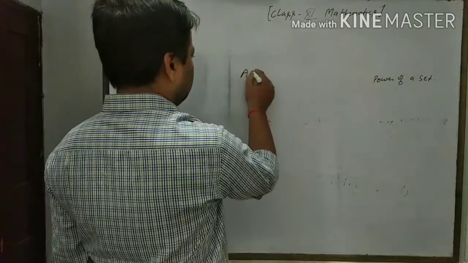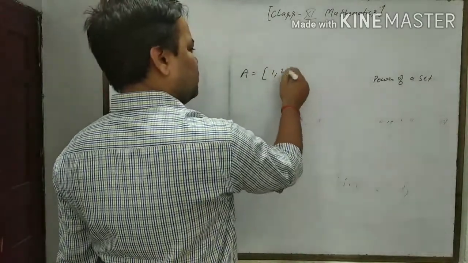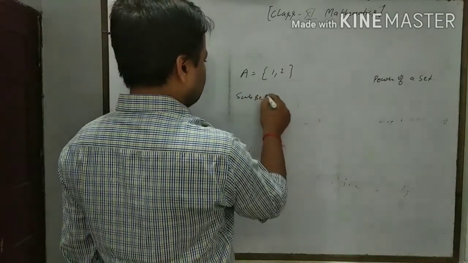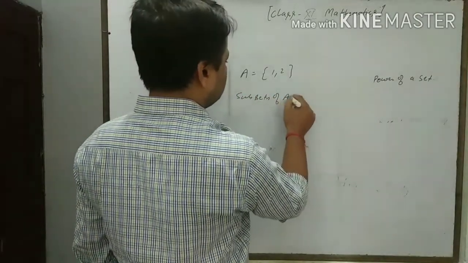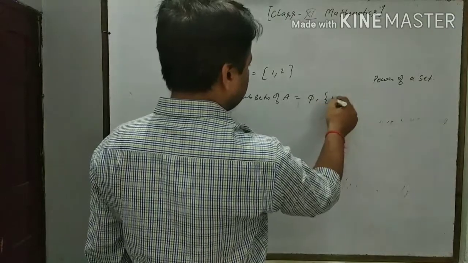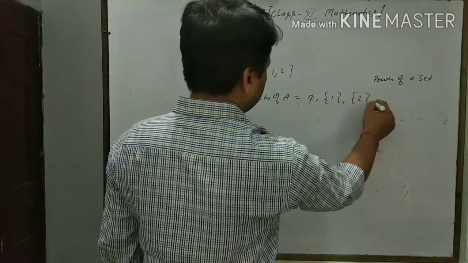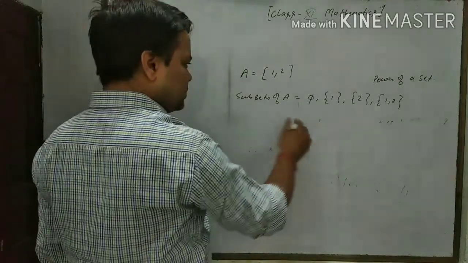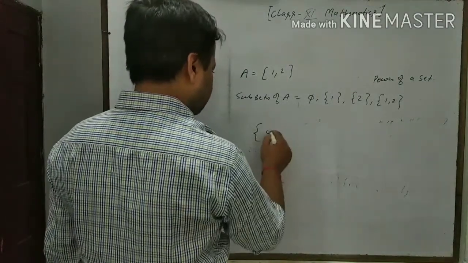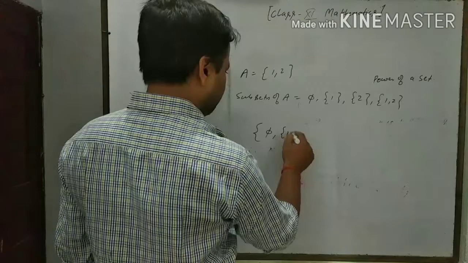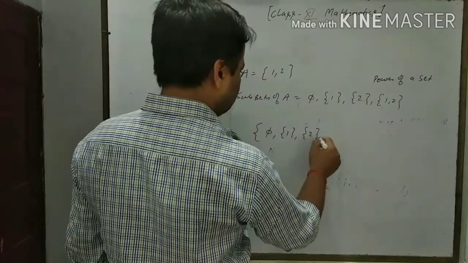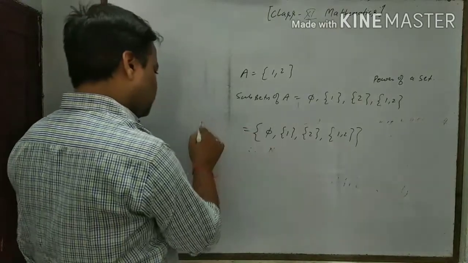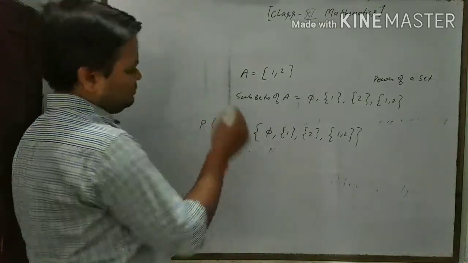Let A = {1, 2}. Here the subsets of A are what? Phi, already discussed, {1}, {2}, and {1, 2}. Now if we get a collection of these sets, phi, {1}, {2}, and {1, 2}, then this is called the power set of A.